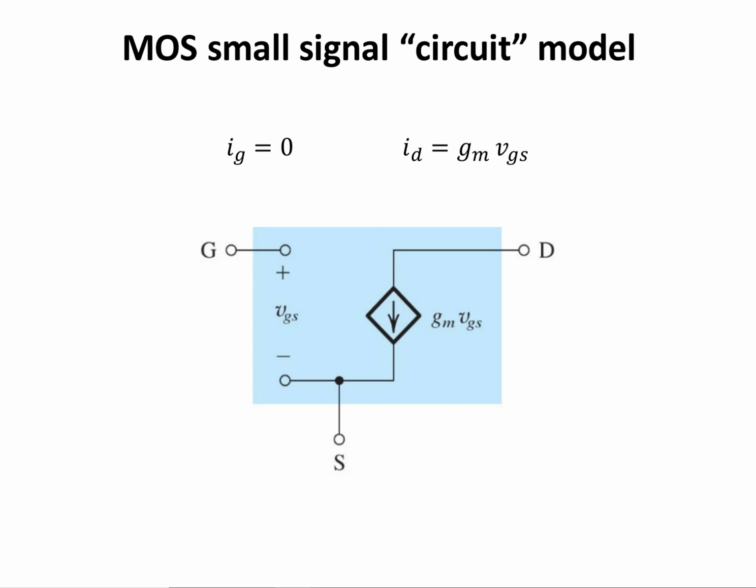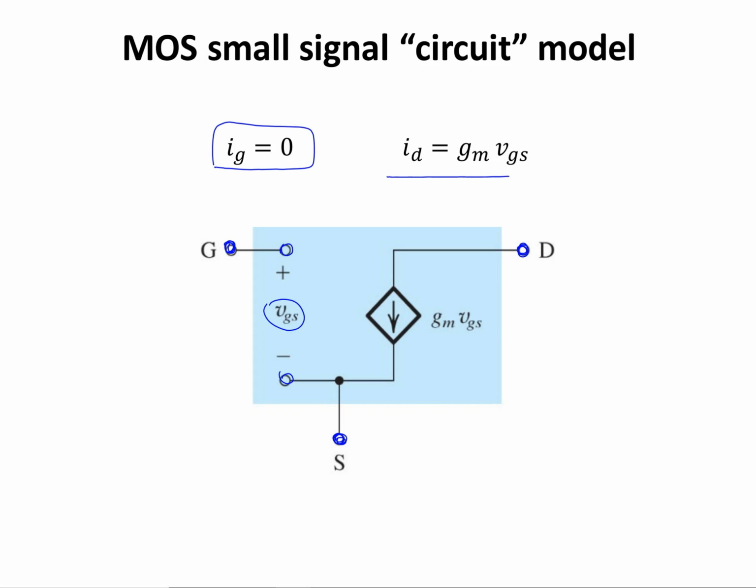I have a 3-terminal device for my MOSFET. One of the terminals is the gate, the other one is the drain, and the third one is the source. I'm going to place them on my model, knowing that from gate to source there's no current flowing, or ig is equal to 0. So there's going to be an open circuit between gate and source, and the voltage between gate and source is small vgs.